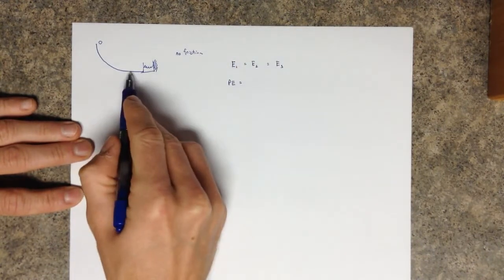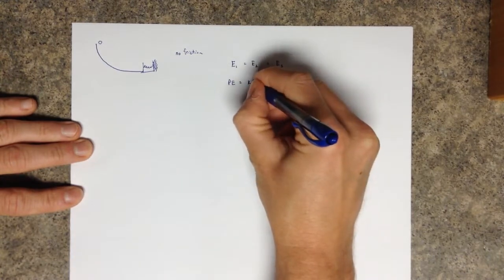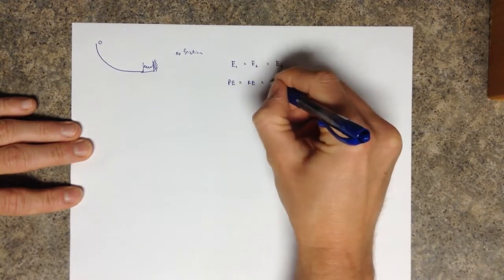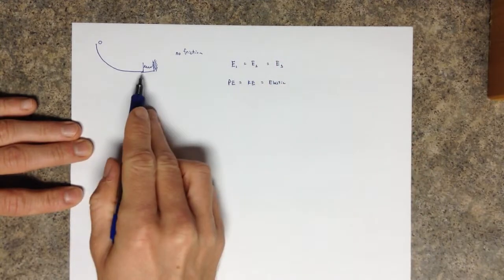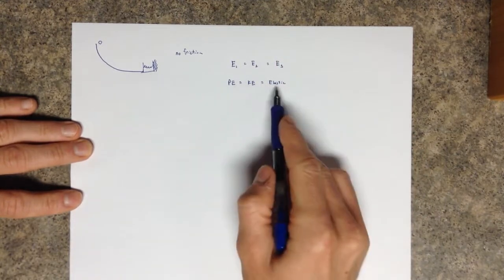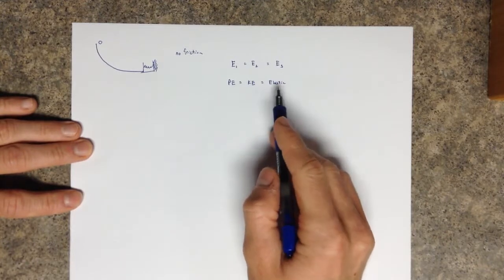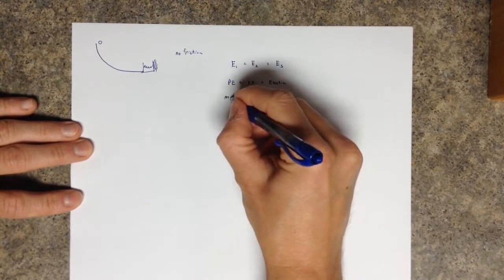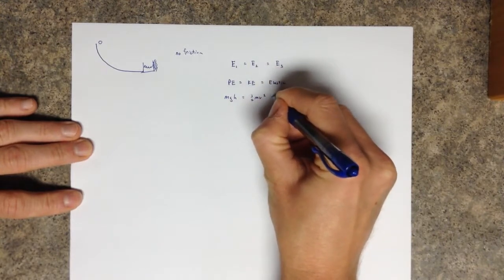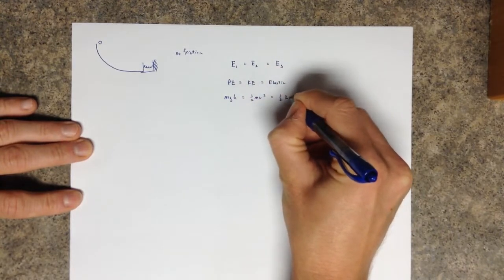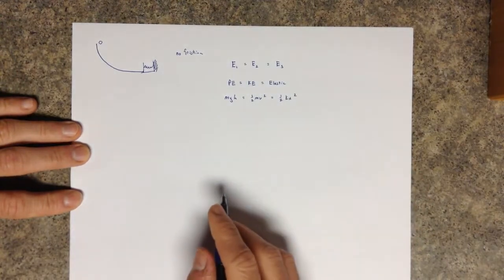At the bottom, before it hits the spring, it's all kinetic. And then when it hits the spring and compresses it, eventually it's going to compress it to its maximum value, and the ball's going to stop. Then all the energy is elastic. So what we can say here is that mgh must equal 1/2 mv squared, which also equals 1/2 kx squared.